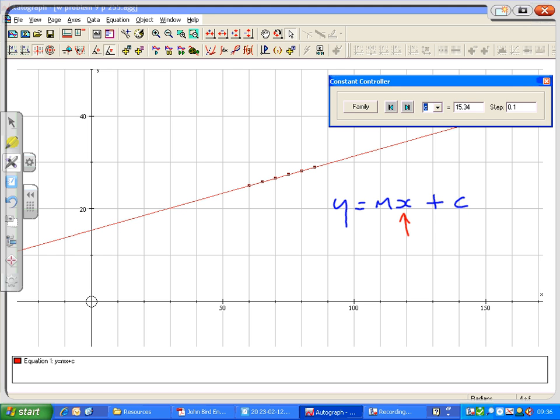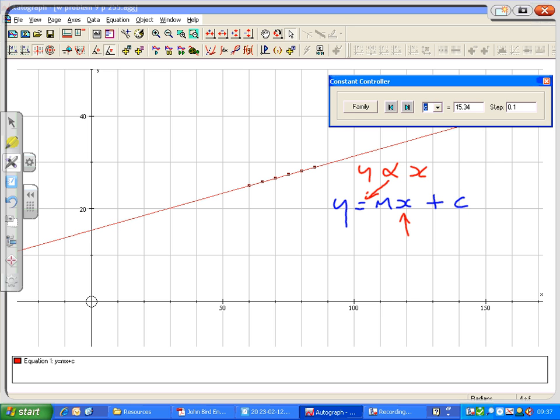It's just y is effectively directly proportional to x, which is what Richard was saying at the start.